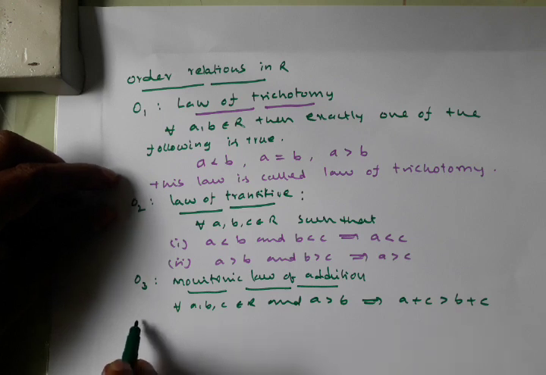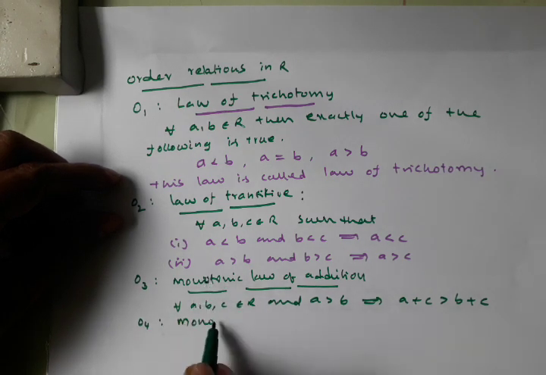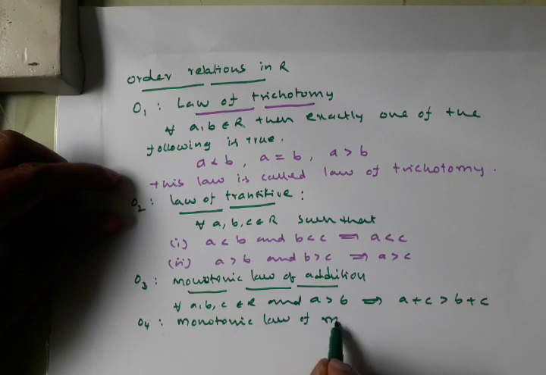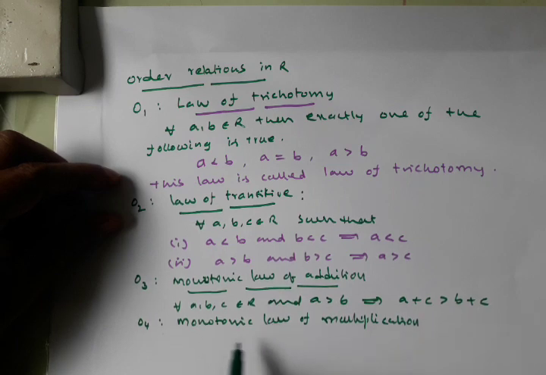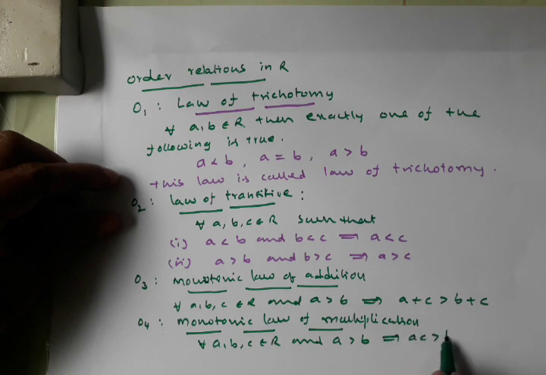Similarly, O4, monotonic law of multiplication. For all A, B, C belongs to R and A greater than B implies AC is greater than BC.